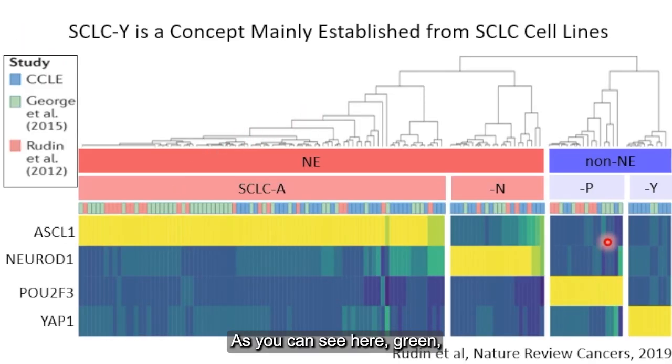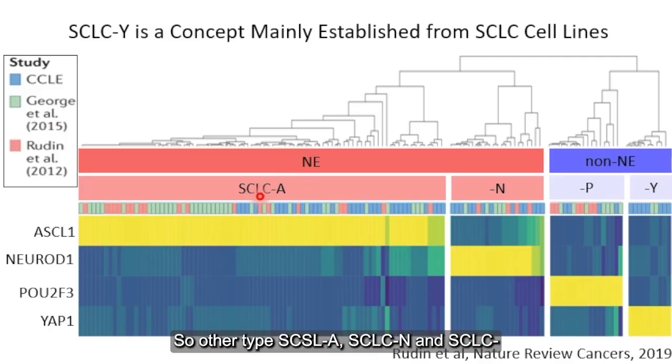In Rudin's figures, you can see green, red, and blue boxes. Red and green boxes are primary tumors, and blue boxes are cell lines. The SCLC-Y group is mostly composed of blue boxes, so SCLC cell lines.